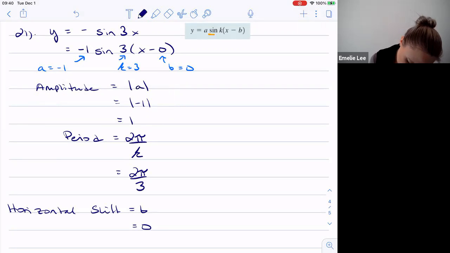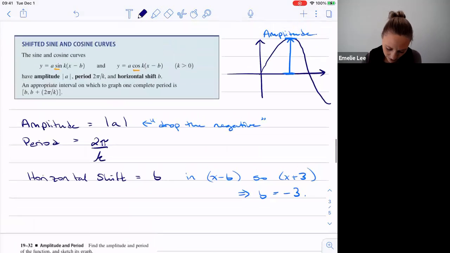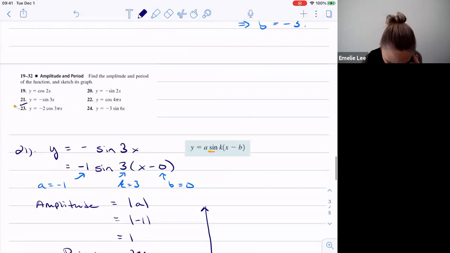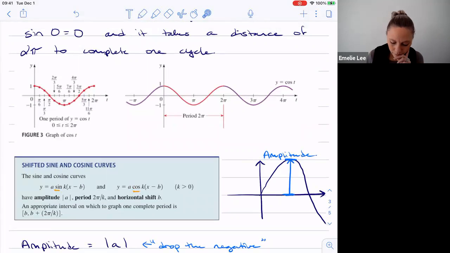So if I have to sketch this thing, the period is 2 pi over 3. A little bit tricky, because I want to break it up into quarters. I know how it behaves.